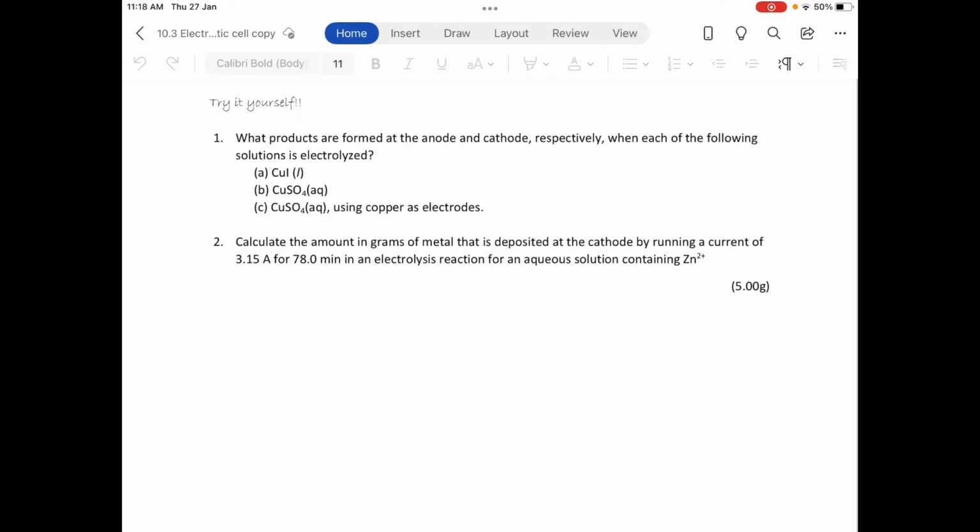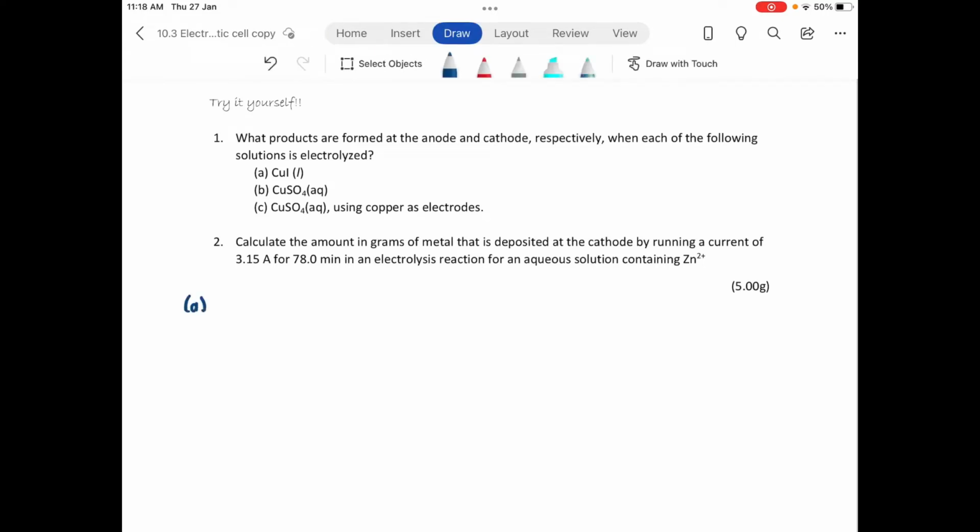So kita ni macam ulang kaji sajalah, cuma mungkin ada benda-benda tambahan yang kita kena ambil perhatian. Okay, let's start with the first question, which is electrolysis of copper iodide liquid.